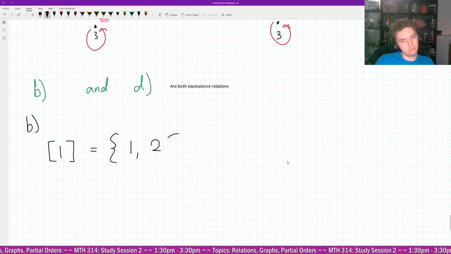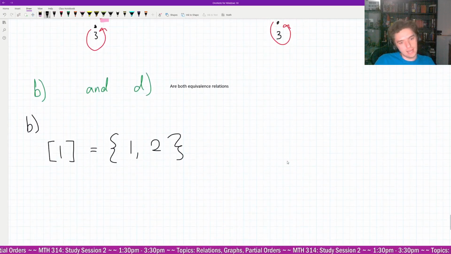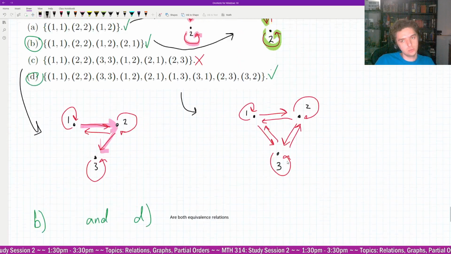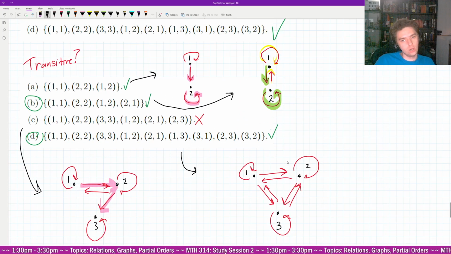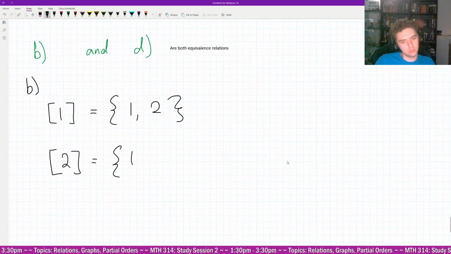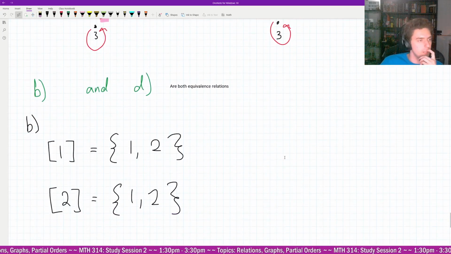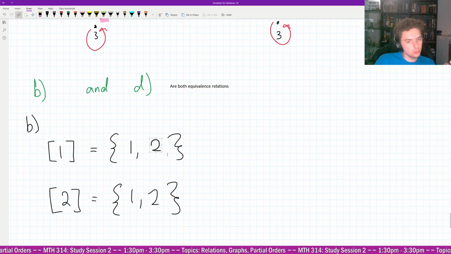So 2 and 1, that's it. And the equivalence class of 2? What's related to 2? Well, 1 is related to 2, and 2 is related to 2. So 1 and 2 as well, and that's it. But of course they'd be the same, because 2 is in the equivalence class of 1, which means that the equivalence class of 2 is going to be the exact same thing.